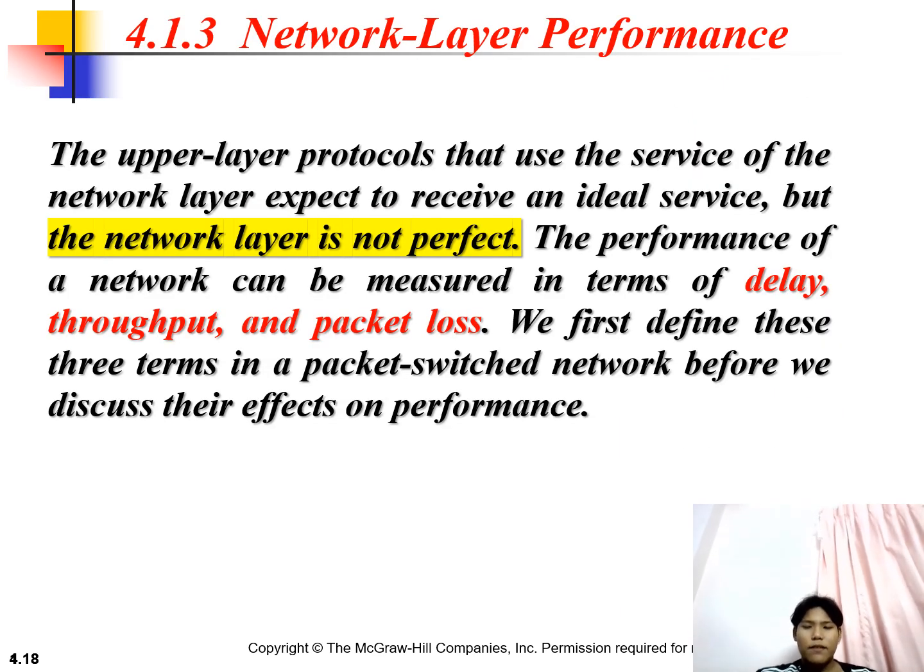Network layer performance. The upper layer protocols that use the service of the network layer expect to receive an ideal service, but the network layer is not perfect. The performance of a network can be measured in terms of delay, throughput, and packet loss. We first define these three terms in a packet switch network before we discuss their effects on performance.